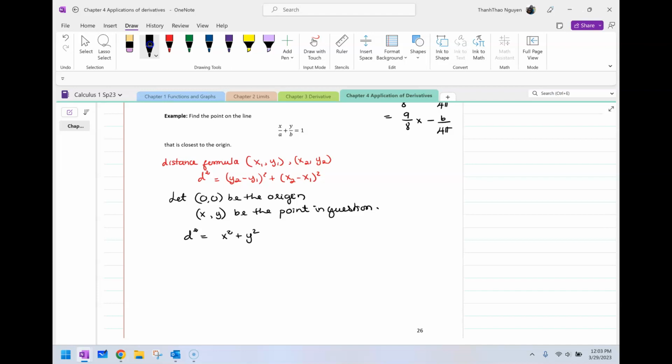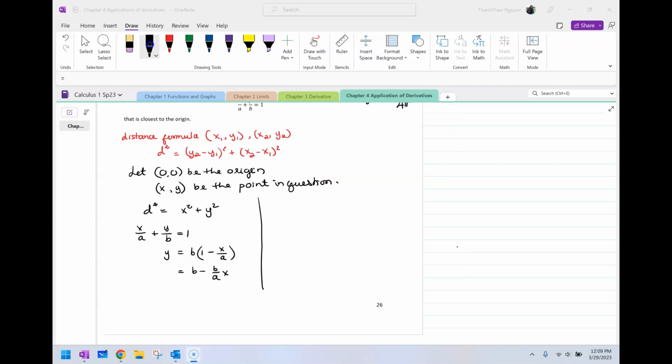Let's solve for y in terms of x. We start with x over a plus y over b equals 1. So then y equals (1 minus x over a) times b, which equals b minus b over a times x. We put y into the function for the distance.